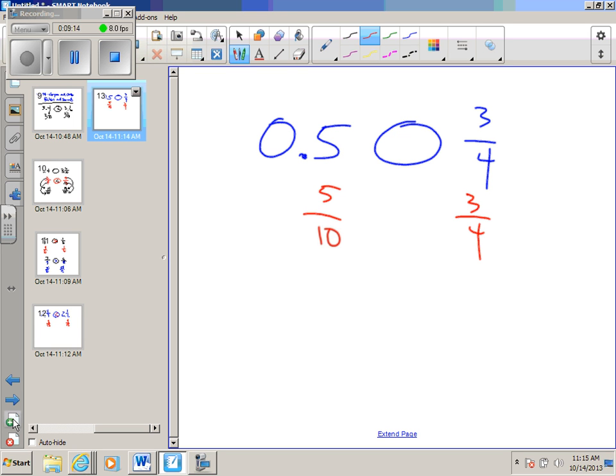Okay. LCD, lowest common denominator between a 10 and a 4. 20. Times 2 is 10. Times 5 is 15. Which one is greater? 3/4 is greater.